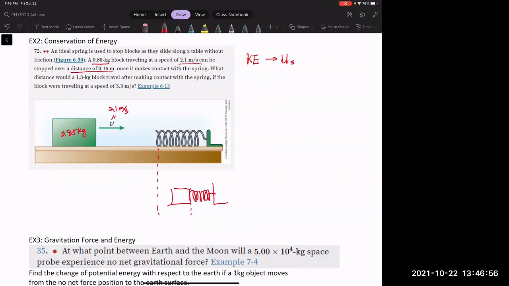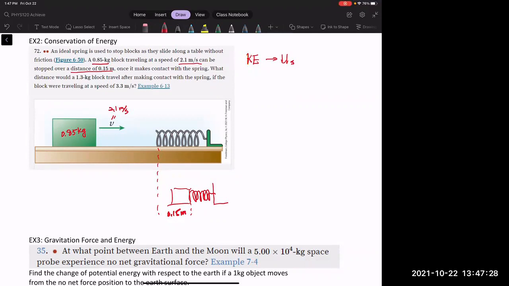Well, is it? No. Oh, they give you this 0.15. Okay, so the 0.15 represents the spring constant kx. The x is represented by this 0.15 meter.